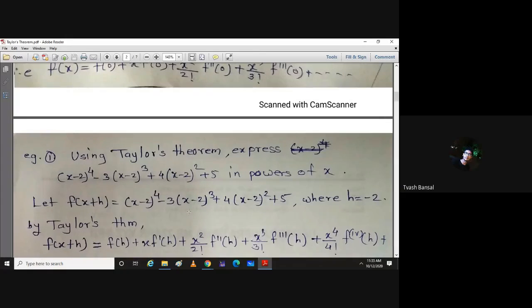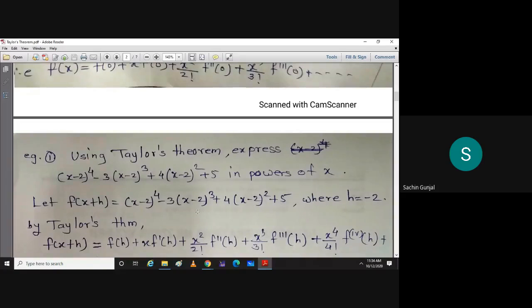See, f of x plus h is given to you, and out of this you want f of x. That means you want to get rid of this h. So how will you do that? f of x plus h minus h, so x minus 2 plus 2. So that becomes x raised to 4 minus 3 into x minus 2 plus 2, so that is x cube and so on.